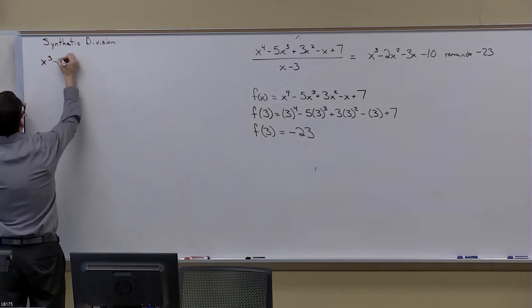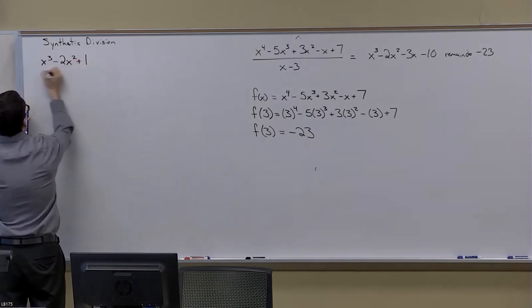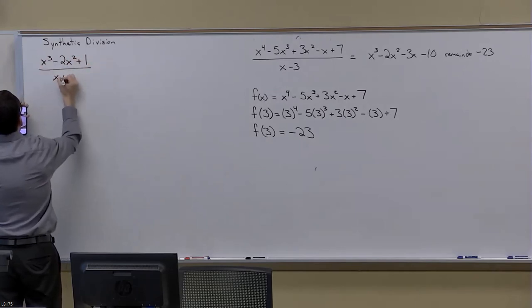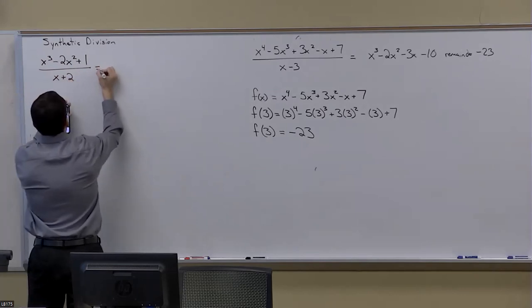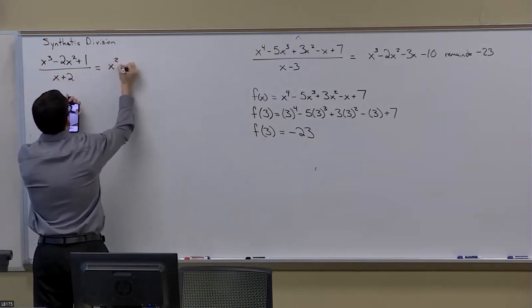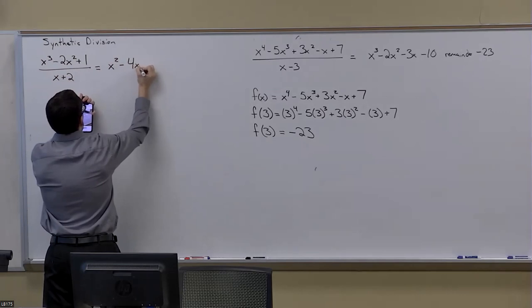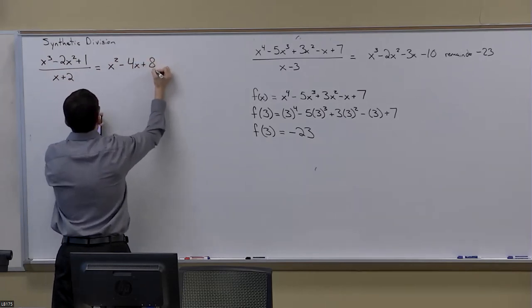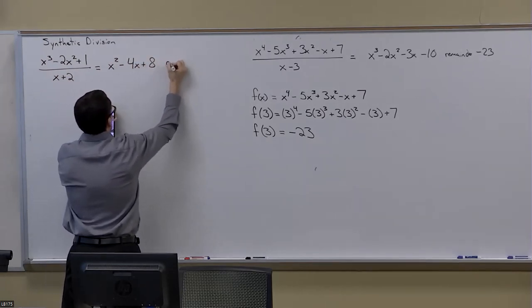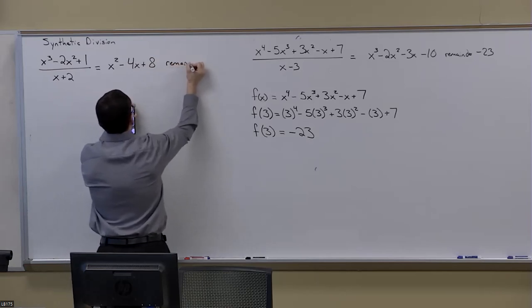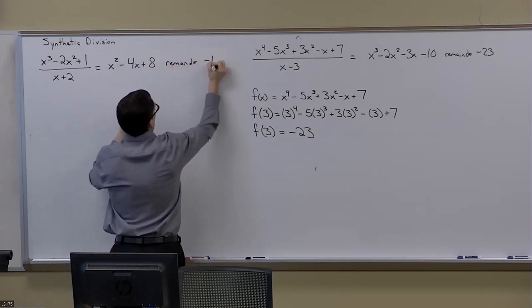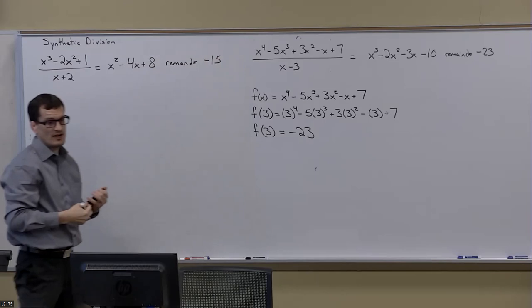It was x to the third minus 2x squared plus 1 over x plus 2. And we got x squared minus 4x plus 8 with remainder of negative 15, right?